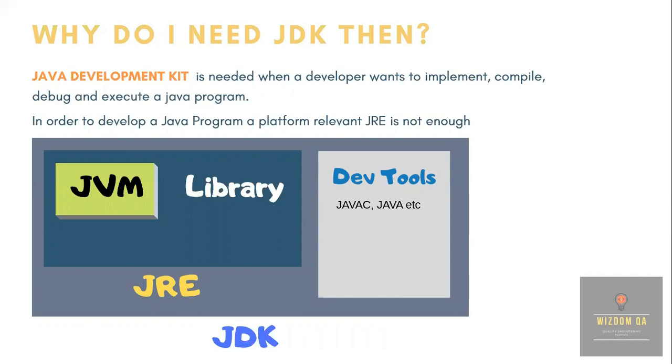That's JRE. Totally fine. On top of JRE, we add another set of information that is called dev tools. In the dev tools we have certain tools like javac, java, etc., which get combined with JRE to become JDK.